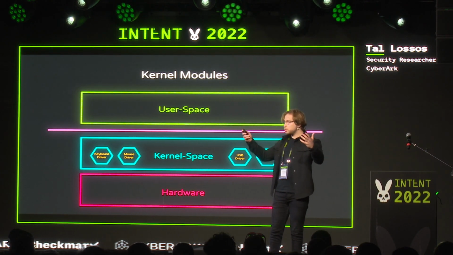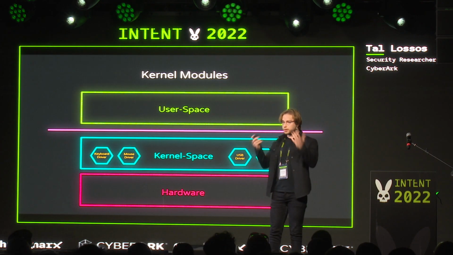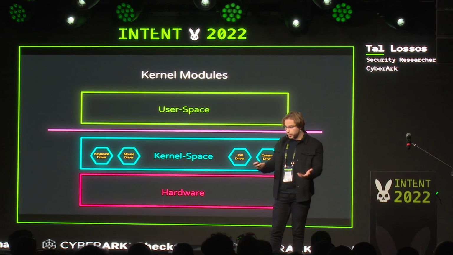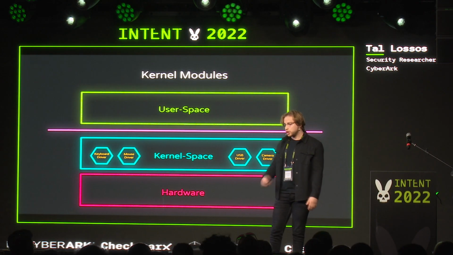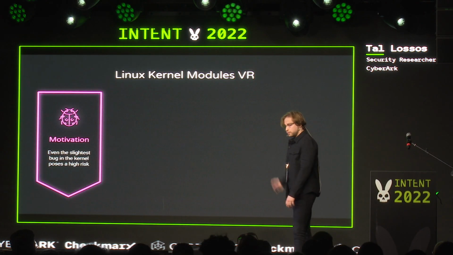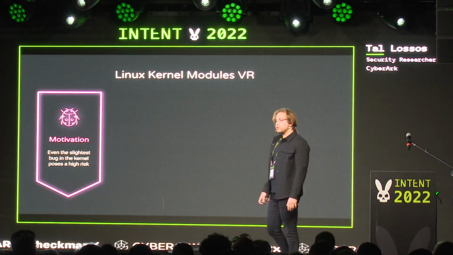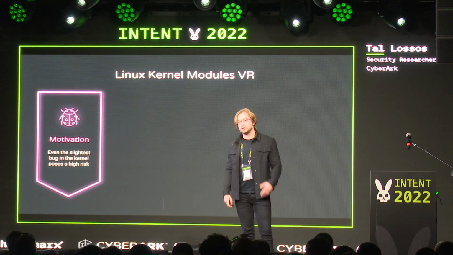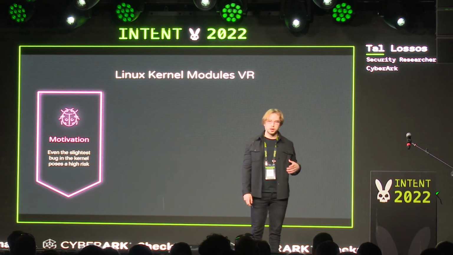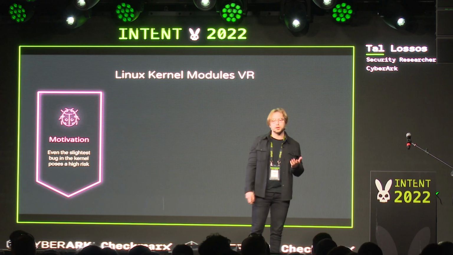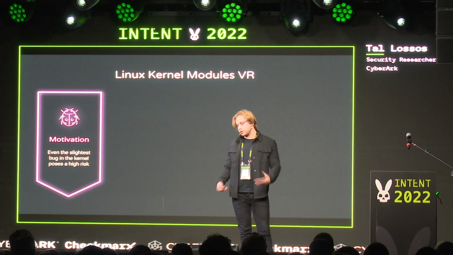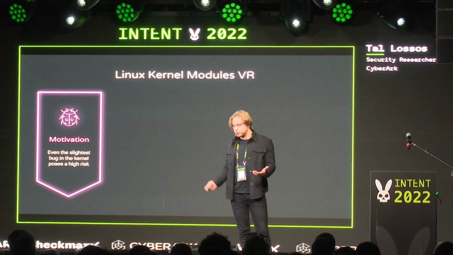All right, so now that we've reviewed very, very briefly the Linux operating system, let's jump back to my project. We conducted research focusing on the Linux kernel because essentially each bug in the kernel is critical, due to the fact that the kernel is always privileged.